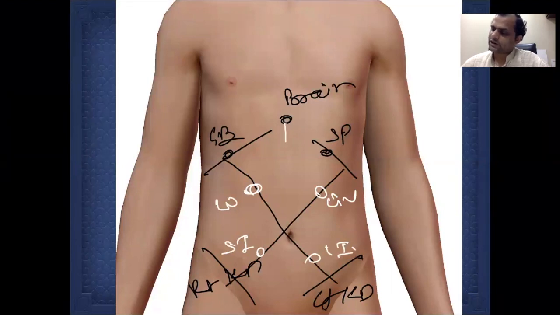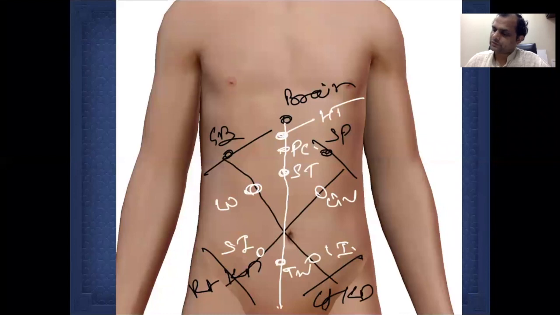Now making the central line: heart, pericardium, stomach with duodenum, triple burner, and urinary bladder. So this is the final graph of all the points available in the stomach region.